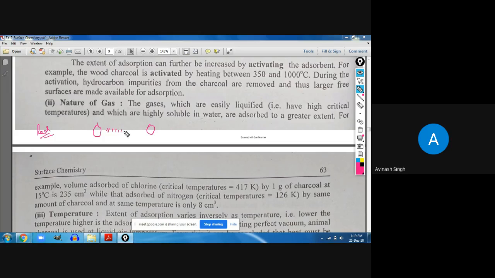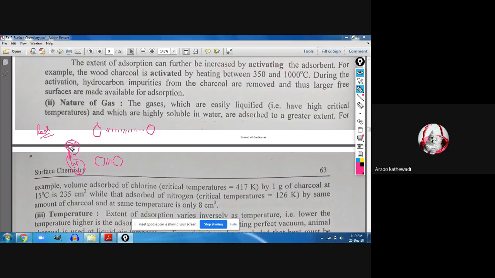But we know that if the molecules are far from each other, whatever interaction they have, they'll be weaker. If you bring them closer, what happens? Interaction will become more. So at some point, the interaction will become so big that a gas will be converted into liquid. यहाँ तक, is this clear?